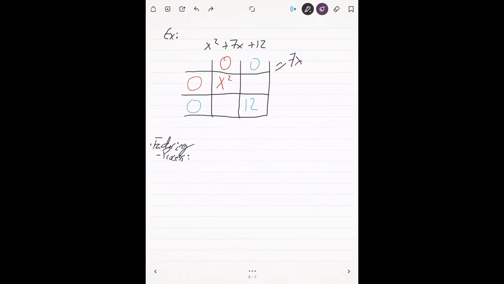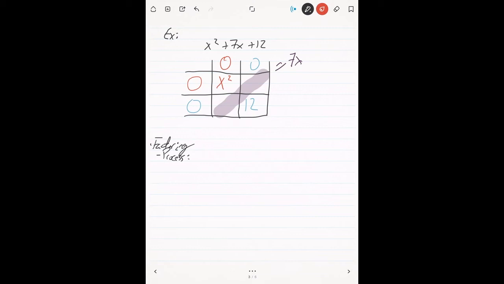So I reworked the box a little bit here so we can use some color to see what's going on. We understand that we are going to try to multiply the first components in each binomial to get an x squared, and the last components to get us a 12, and these middle boxes are going to add together to get us the 7x.